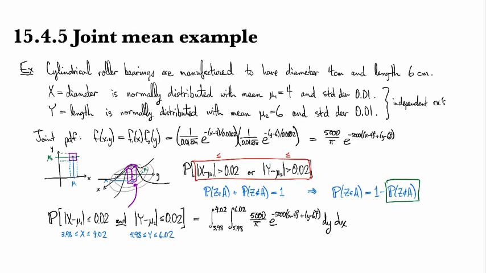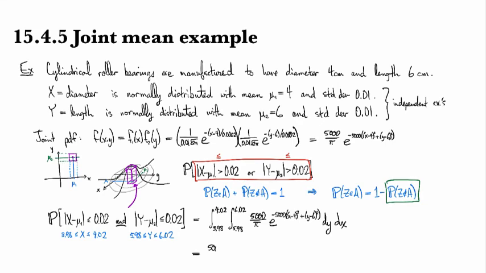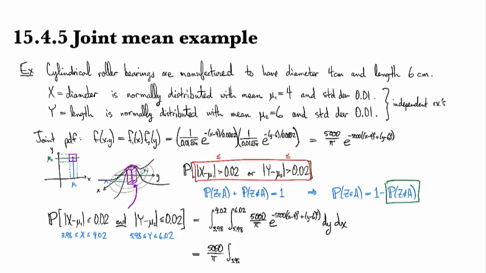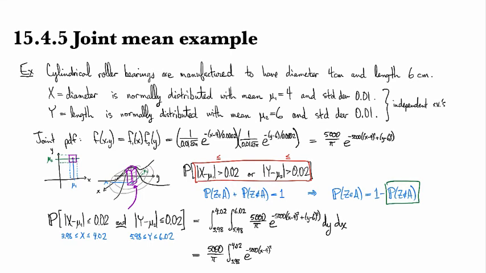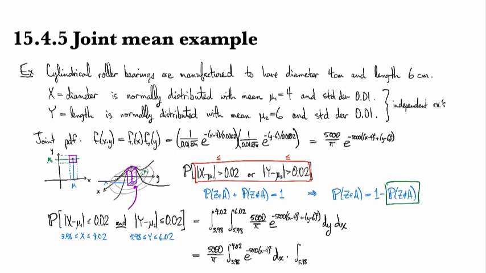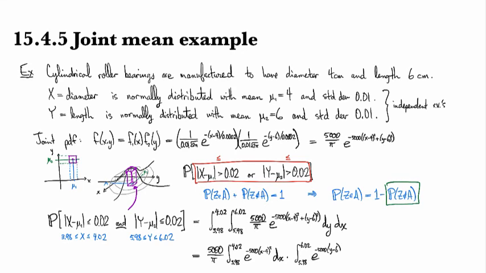And then by the magic of independence, we can write this as the integral from 3.98 to 4.02 of e to the minus 5,000 (x minus 4) squared dx, times the integral from 5.98 to 6.02 of e to the negative 5,000 (y minus 6) squared dy.